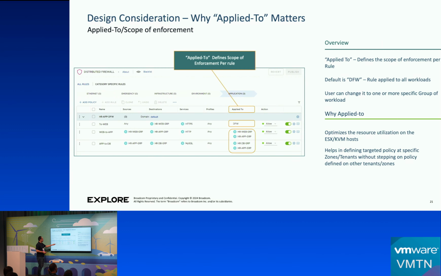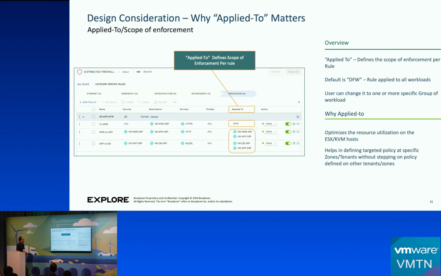For example, this policy, web to app group, is only applied to the HR web group and the HR app group. I know exactly how I want the policy to be configured. Then I specify, okay, this policy is only applicable to these groups. So this is something that can be missed or overlooked when you create segmentation policies or rules.